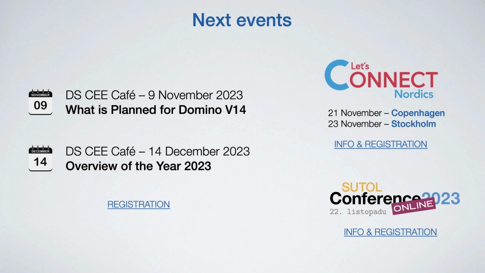And the bottom one, the SUTOL conference, if you speak Czech or Slovak or Polish and understand Czech, we had Polish attendees as well last year. So we have the annual SUTOL conference. This one will be online, so you can sign up for free and join. That will be at the end of November.